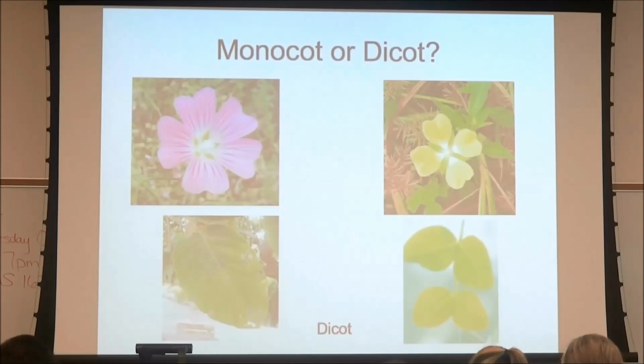What about the leaves? They're branched, right? What's the technical name for it, just so we can review? Net venation. Okay? We have petals in 4s or 5s, and those leaves are branched. And the technical term for branched is net venation.